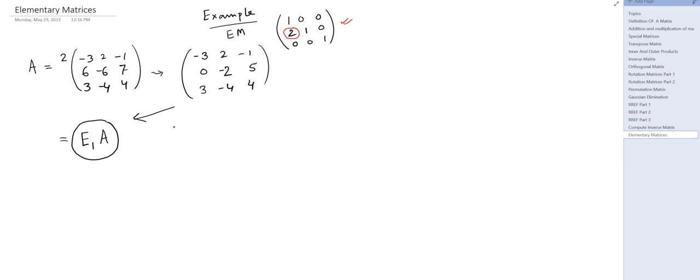If I get an elementary matrix like this, the first line has no change, so I can keep it 1 0 0, and this line has no change, so I can keep it 0 0 1. But this line we see there is a change, that means we have to do some adjustment. So now this will be 1 because that's the identity matrix.